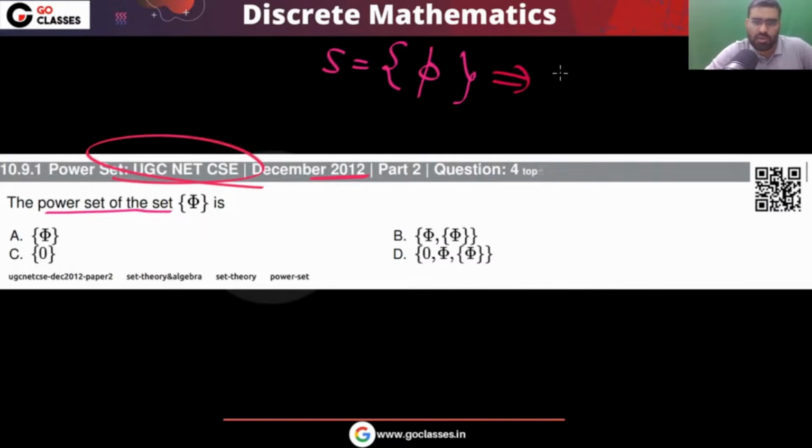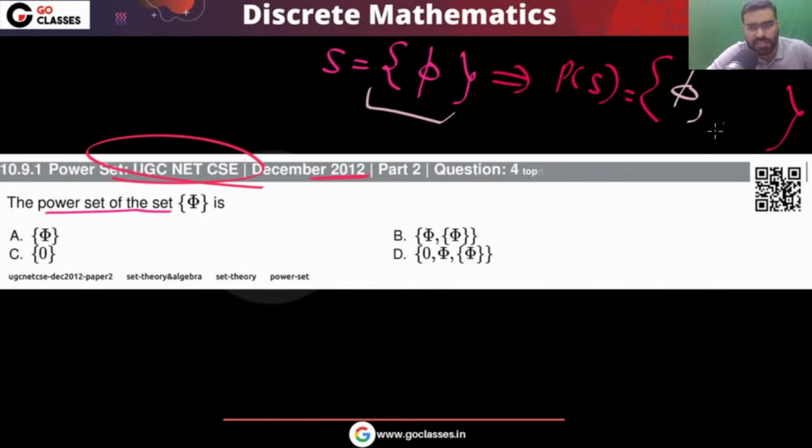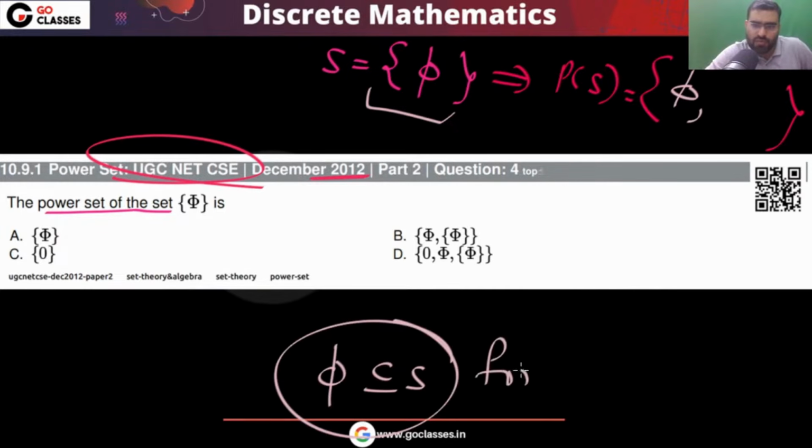For this, you can notice that the power set will contain all the subsets. For this set, you only have one element. So the power set will contain all the subsets. Empty set is a subset of every set, for all sets S. So you can see phi comma S itself.